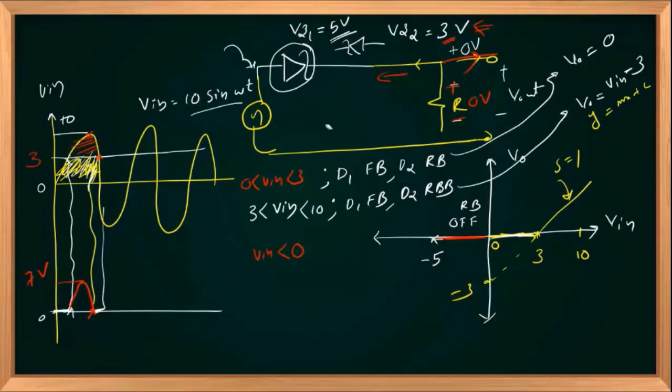And D2 will remain in on state because you are increasing the magnitude of voltage in the negative direction. You are actually making this more negative.